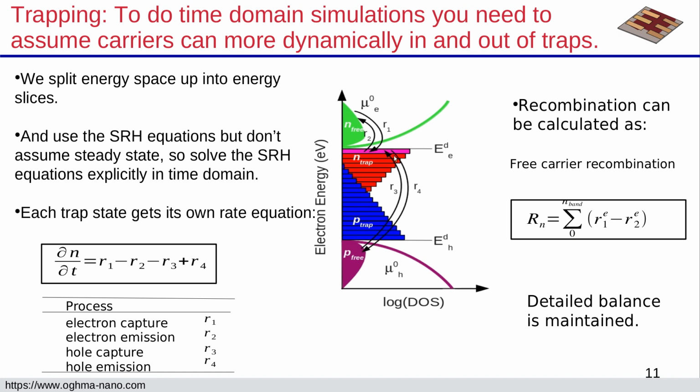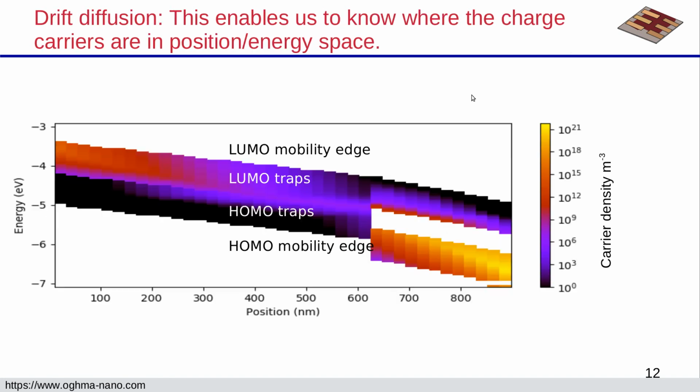And of course, when a hole meets an electron, that's recombination. So by looking at these arrows, you effectively describe both trapping and recombination. And you can do that for each one of these trap states of the electrons and the holes, and you can have a good approximation of what's going on in an organic semiconductor. This is called the Shockley-Read-Hall recombination model, and it's had quite a lot of success in describing trapping and recombination in disordered materials.